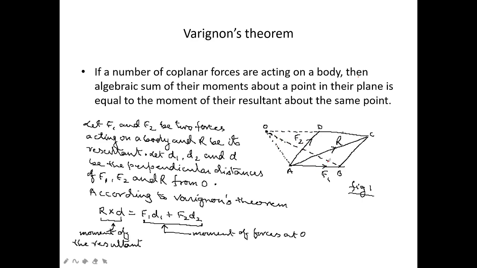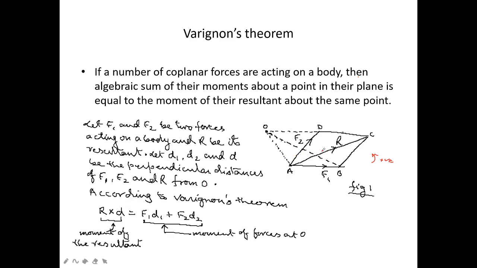Because the sense of moment of these two forces about point O is, sorry, anti-clockwise. I am taking anti-clockwise as positive here. Because F1 d1 is anti-clockwise and F2 d2 is also anti-clockwise about point O, that's why F1 d1 plus F2 d2. And that is equal to R into d. Again, R into d is anti-clockwise, that's why this is positive.